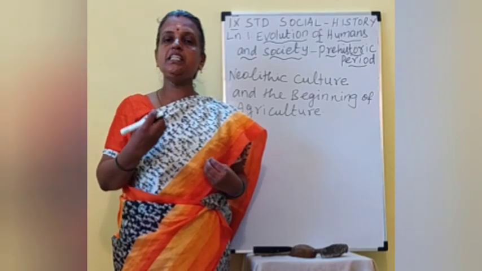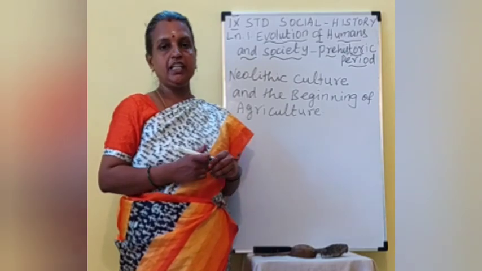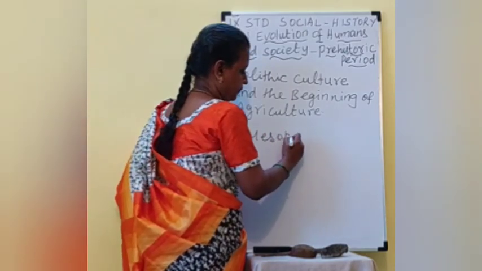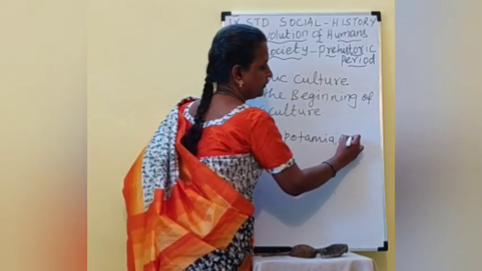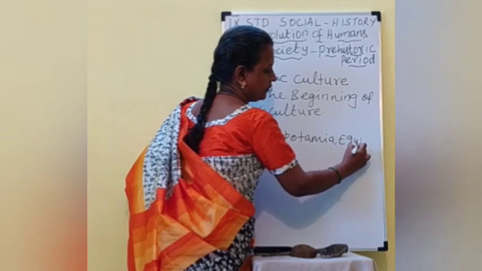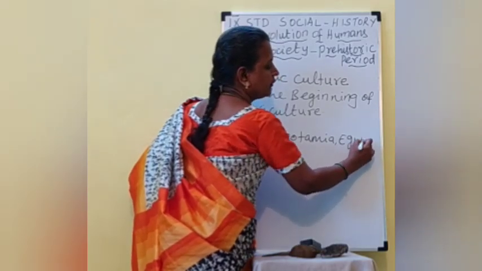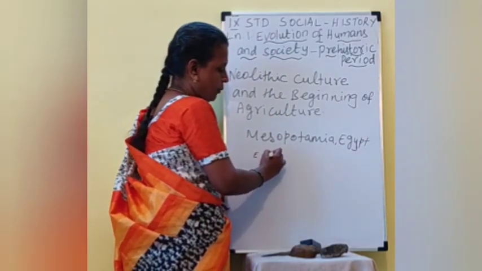We got evidences for this in the areas of the present Fertile Crescent, that is from Egypt to Mesopotamia.